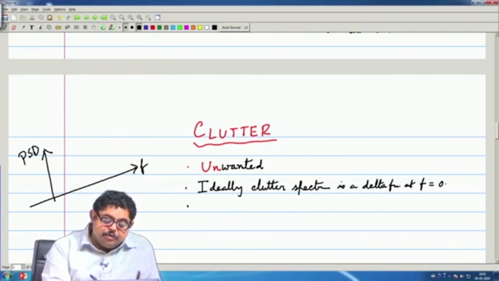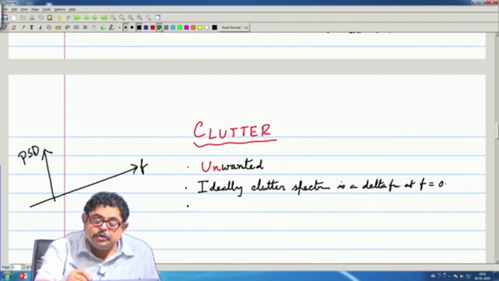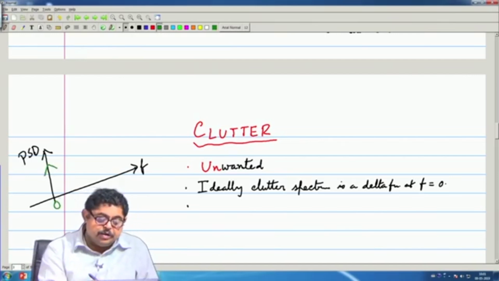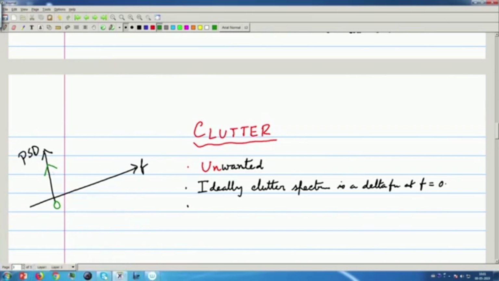Ideally this is the ideal case, the zero velocity delta function, but generally it will have a small spread. Random processes we characterize by, say, a zero mean and its standard deviation.